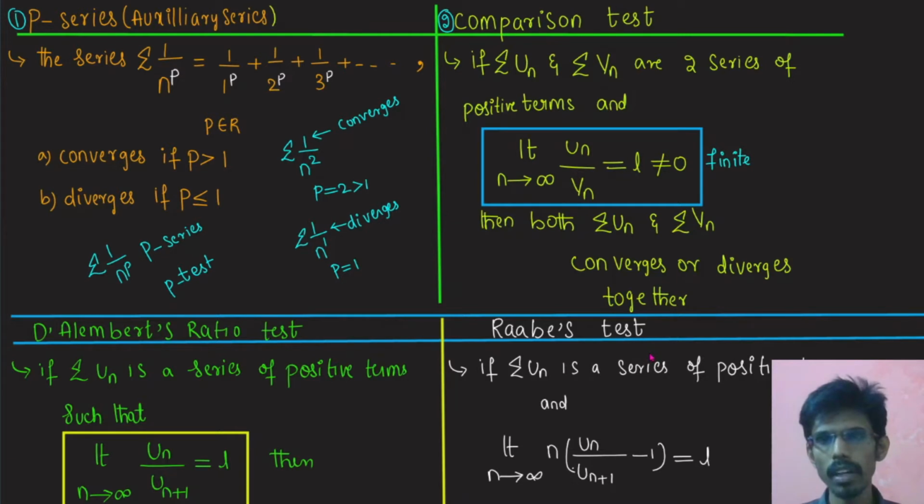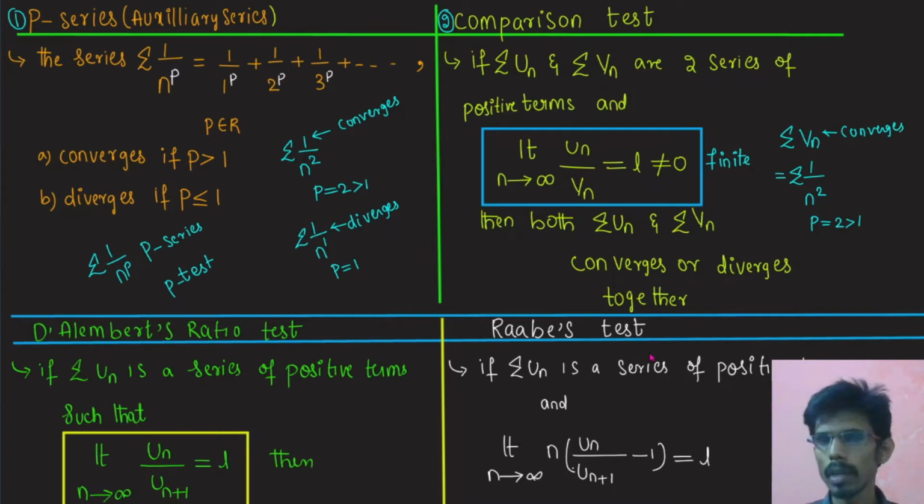For example, if sigma vn is sigma 1 by n square, then by the P test, P is 2, greater than 1, so sigma vn converges.